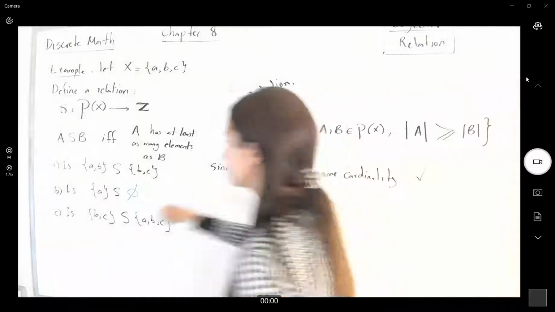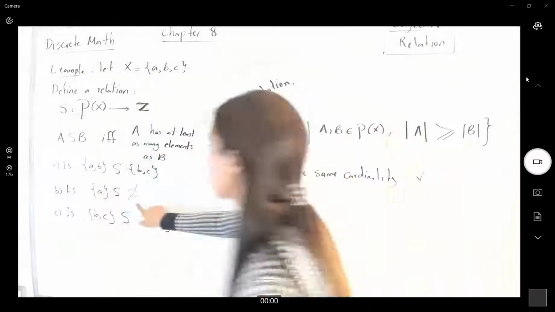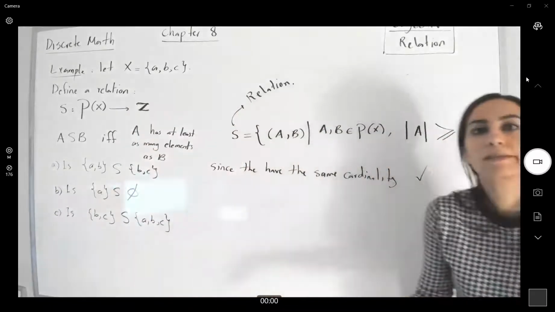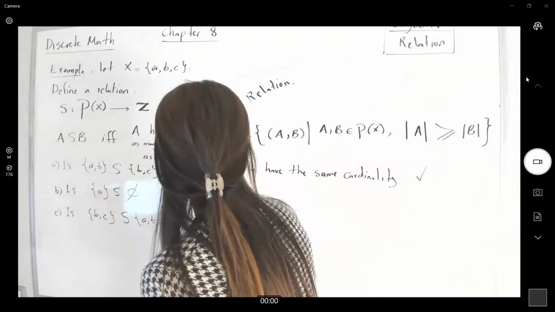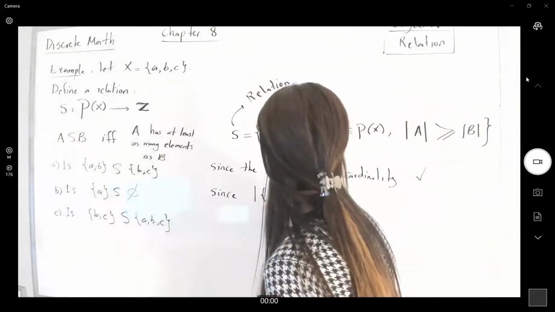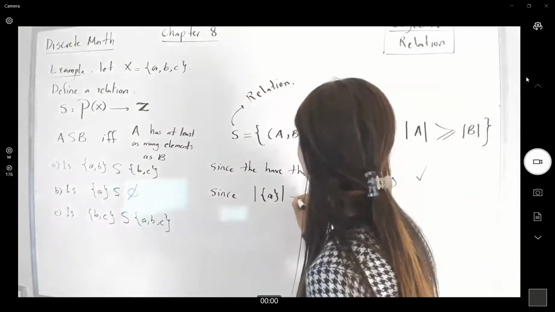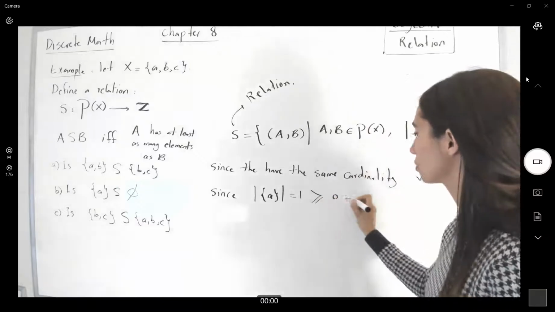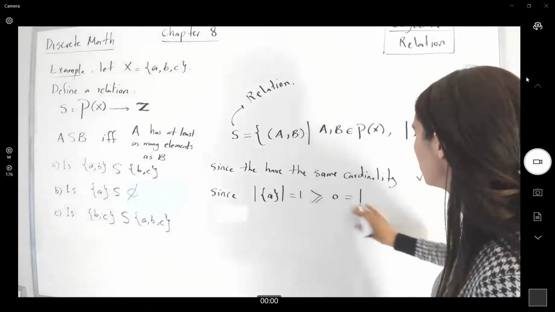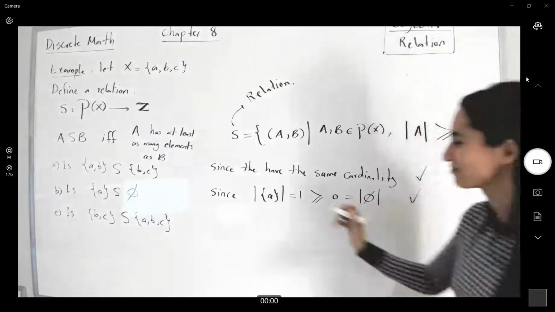The cardinality of set a is 1, and the cardinality of the empty set is 0. Of course, since 1 is greater than or equal to 0, which is the cardinality of the empty set, it is true.